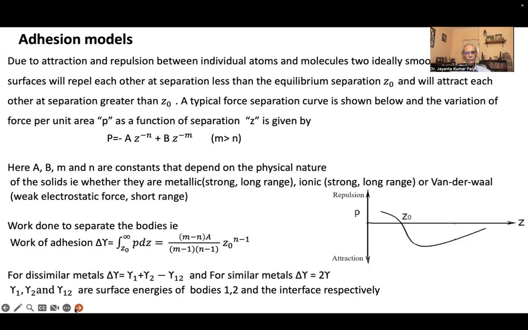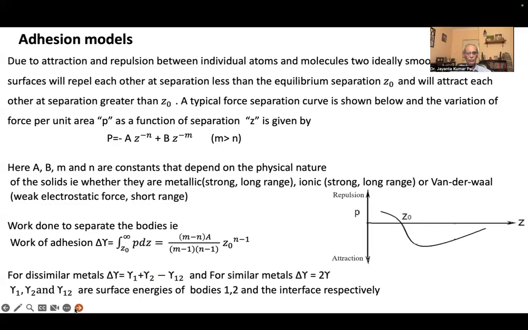And this, if we do the integration, will give you M minus N times A divided by M minus 1 multiplied by N minus 1, and the whole multiplied by Z0 to the power N minus 1. So this is the work of adhesion, or in many cases, we can call it the separating or pull-up force.